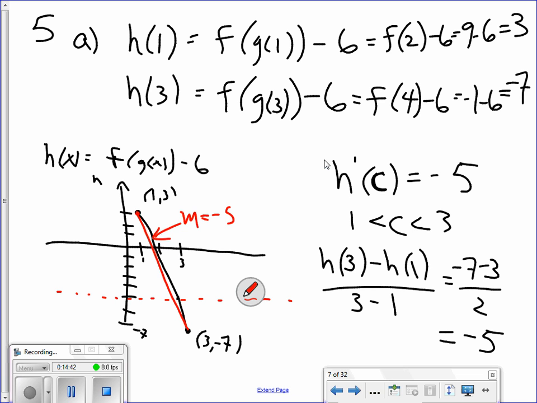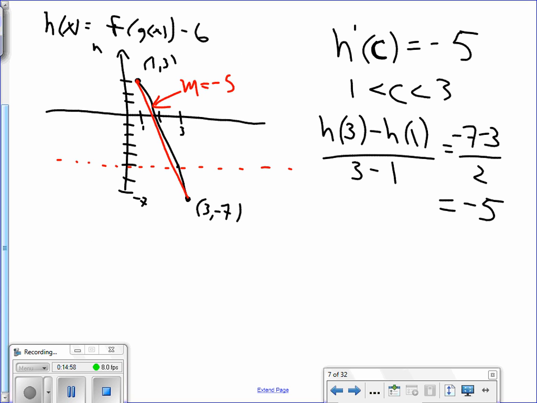And the mean value theorem guarantees there's some point, even though we don't know what the graph of h looks like, we know there's some value c between 1 and 3 where the derivative, the slope of the tangent, equals -5.